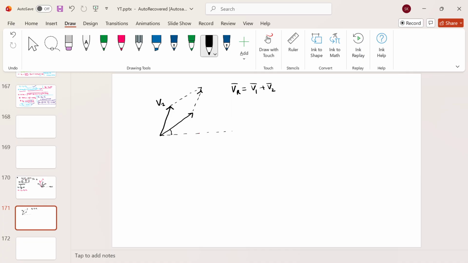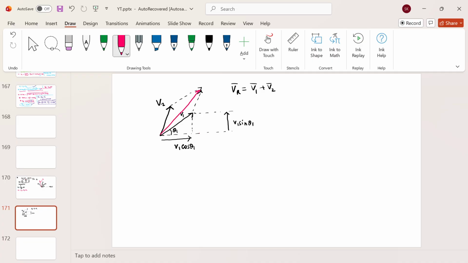So this angle was theta 1, and this is your V1. What is the x-axis component? This is basically V1 cos theta 1, and this component is V1 sin theta 1. And this is basically our resultant.